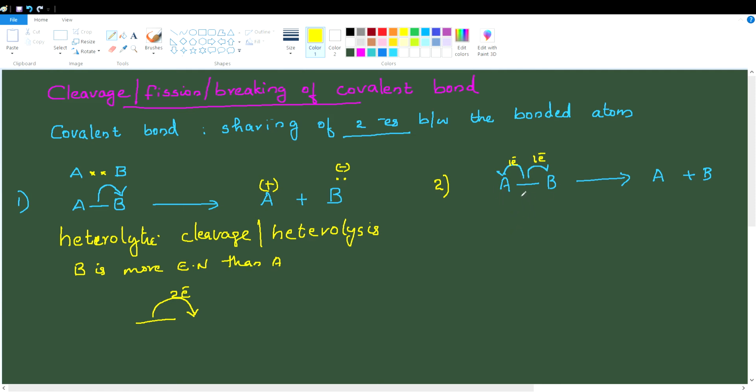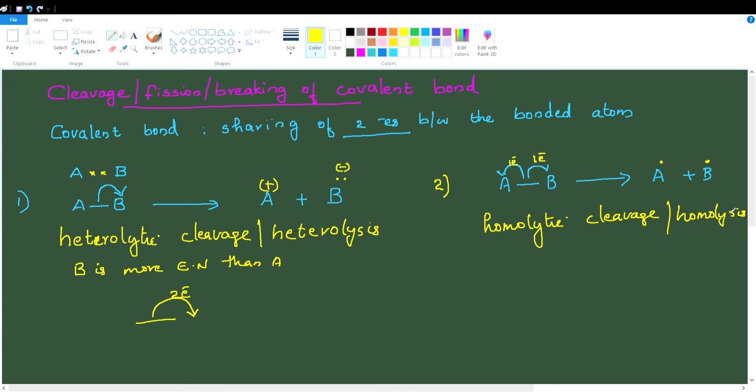Half-headed arrow, like a fish hook. This half-headed arrow we call a fish hook arrow. This results in the formation of A with one electron, B with one electron. This type of cleavage is called homolytic cleavage, also known as homolysis.